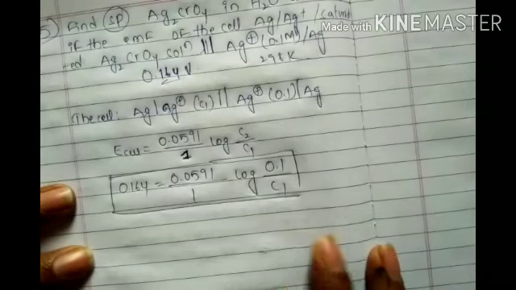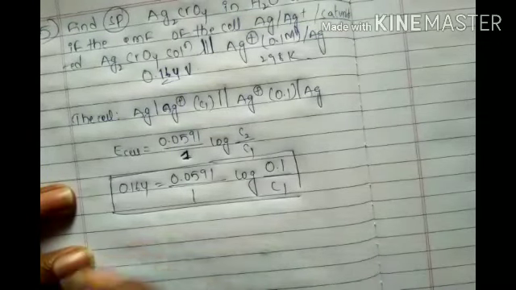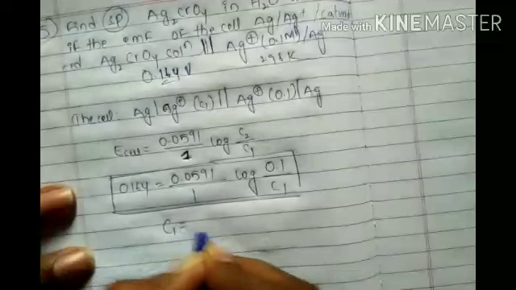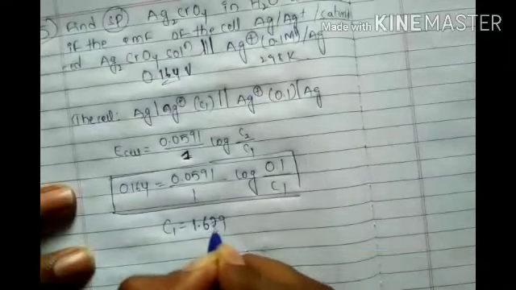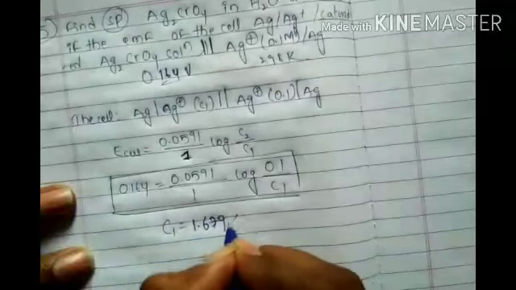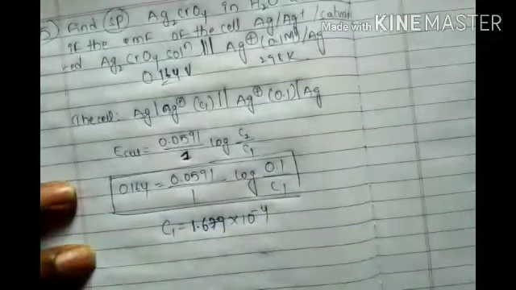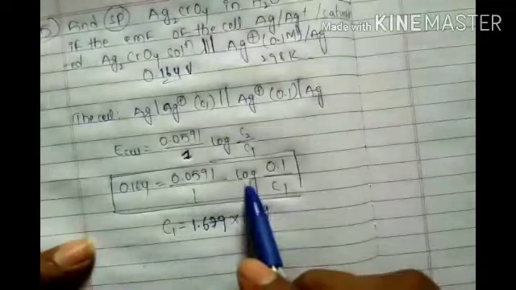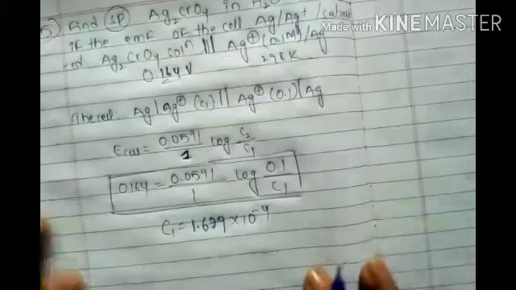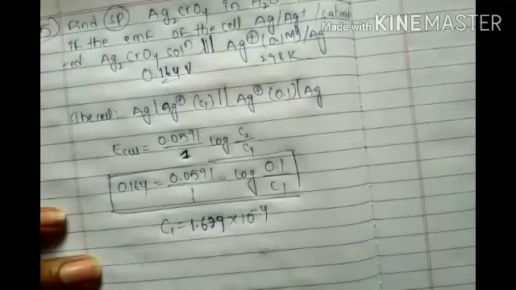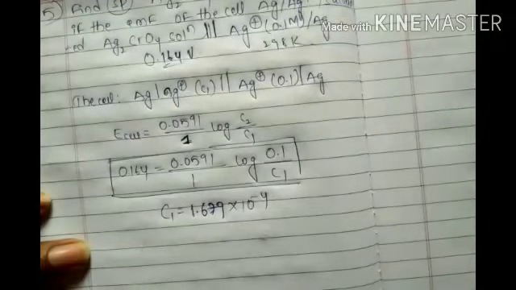Okay. After doing this problem, in the last step I am writing C1 equals 1.679 into 10 to the power of minus 4. That already you know how to do. What you have to do is calculation after log 0.1 minus log C1, then take the antilogarithm.